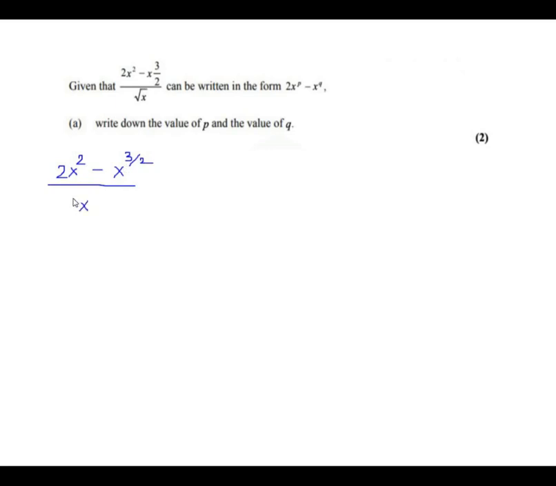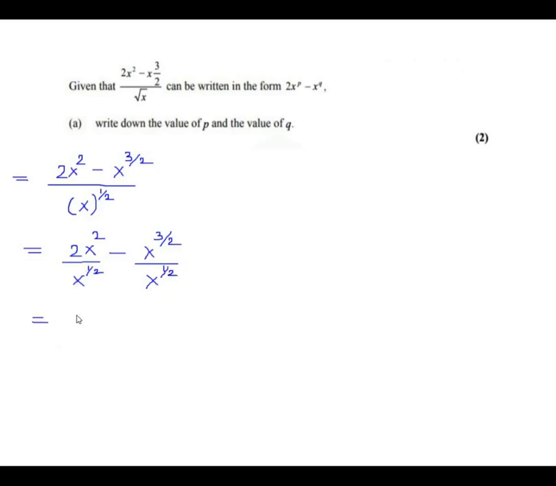We know that we can also write the square root of x as x to the power of 1 over 2. Now after doing this step, I am going to write the numerator and split it as 2x squared over x to the power of half minus x raised to 3 over 2 over x to the power of half.